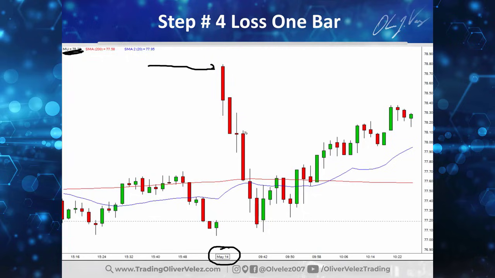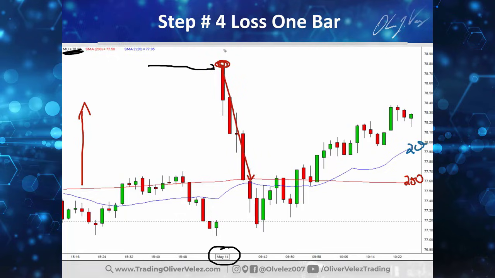Now, remember I told you that my traders look when the stock is above the moving averages. See, above the 20, above the 200. They're looking for upside. Unless the stock opens too far above the moving averages.